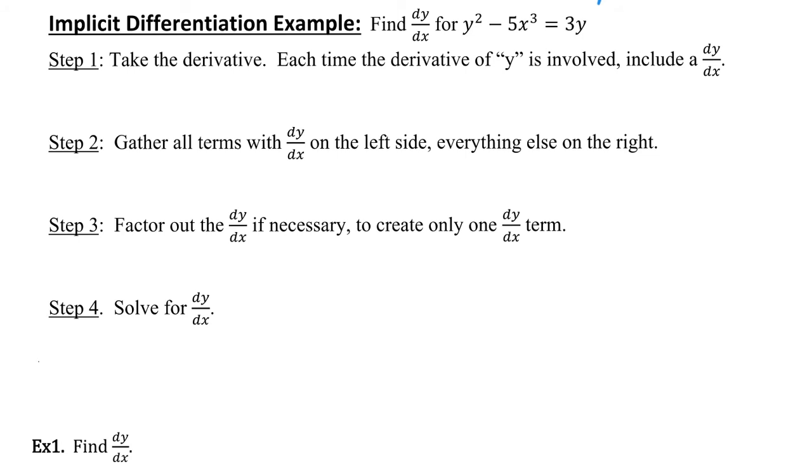So the derivative of y squared is 2y, and since it involved a y, I'm going to also say dy dx. Minus the derivative of negative 5x to the third is negative 15x squared. Equals the derivative of 3y is 3, but because it's involving a y, I'm going to say dy dx.